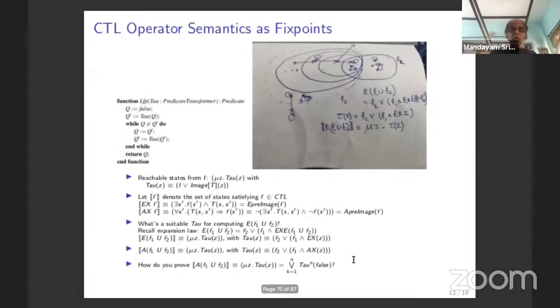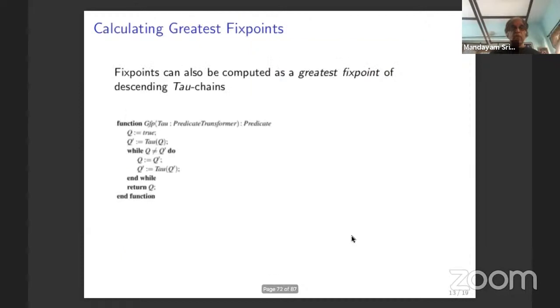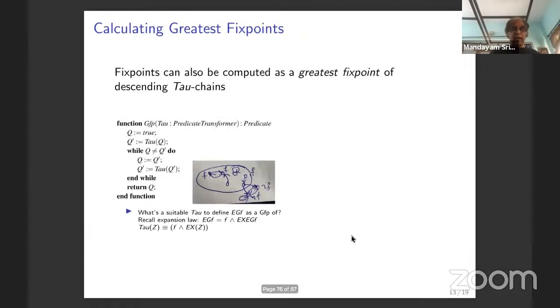So now the G versions, for example, EG and AG, can of course be defined as negation of these things, but sometimes it is useful to calculate them as greatest fixed points as well, and that's what I showed here.